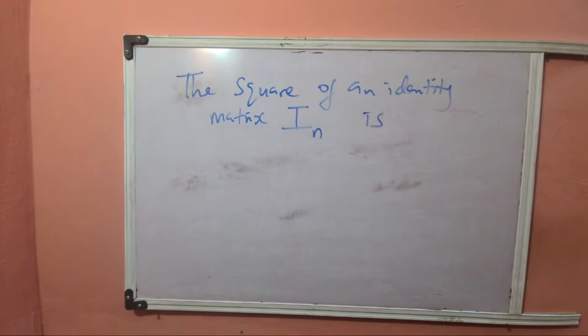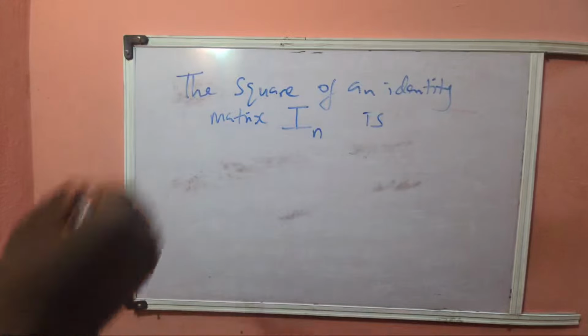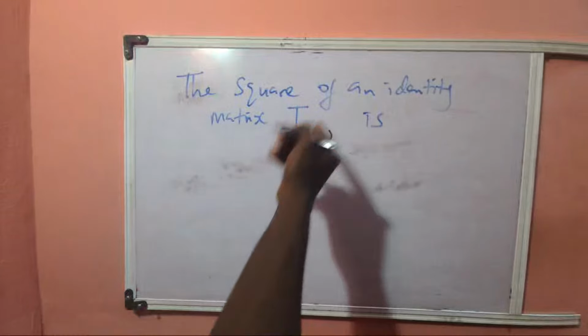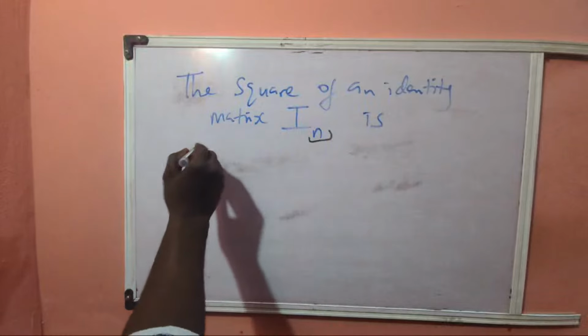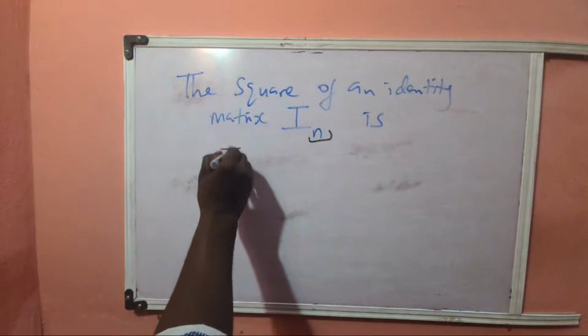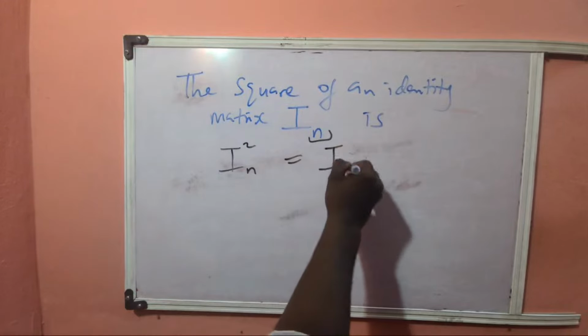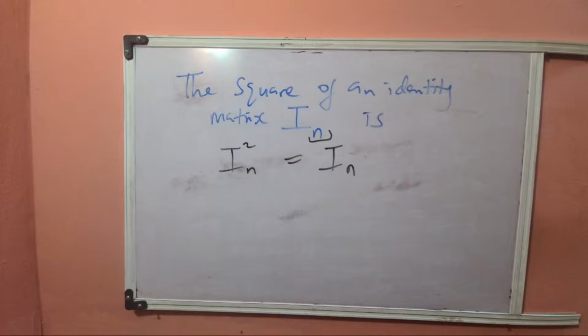If you are asked to find the square of an identity matrix of any order, all you need to do is to tell them that whatever the order is, it will still give you the same identity matrix. So this is going to be our final result: the square of an identity matrix of order n is equal to the identity matrix. This is the answer to that question. But let's prove it so that we don't just assume that.